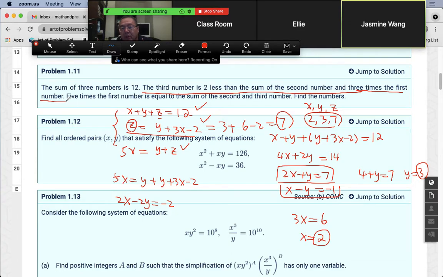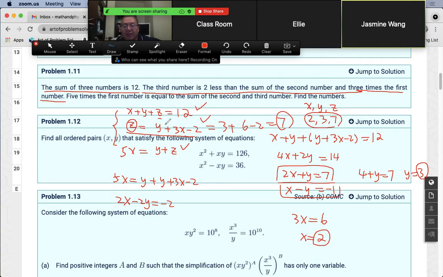Okay, then you just follow this statement. Say first one, that's very straightforward. Sum of these 3 numbers is 12, so x plus y plus z equals 12. Second one is hard. So third number, that's z, is 2 less than the sum of the second number and 3 times the first number.